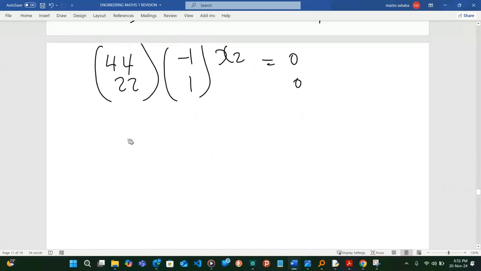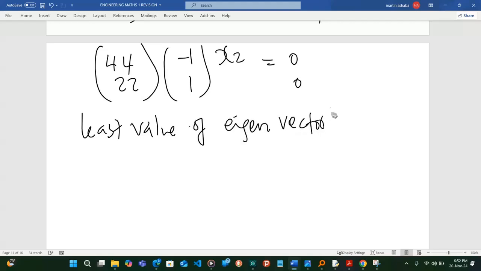Meaning the least value of the eigenvector, can be either x1 or x2, will always be negative 1 and 1.